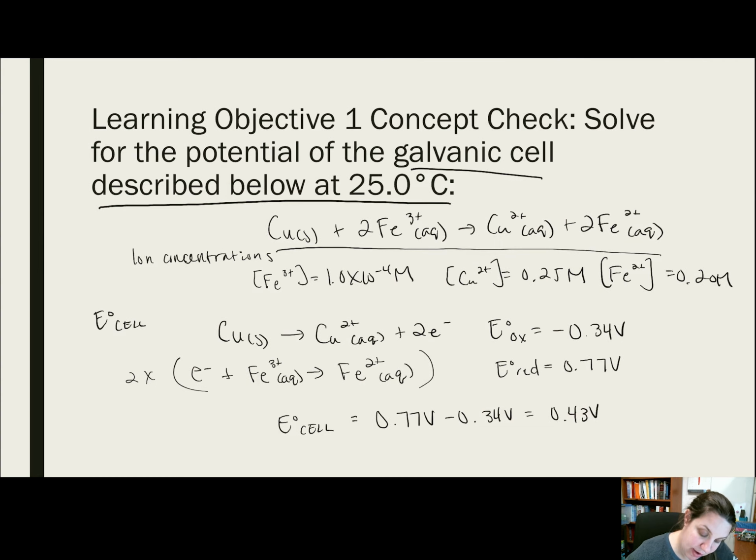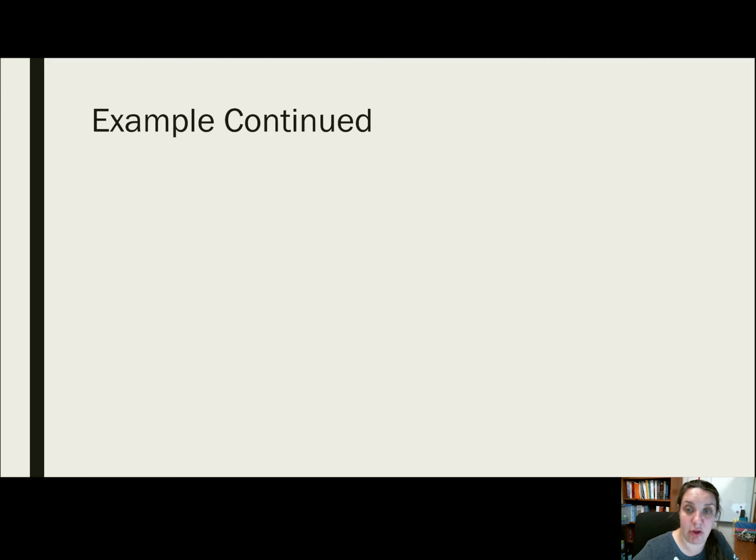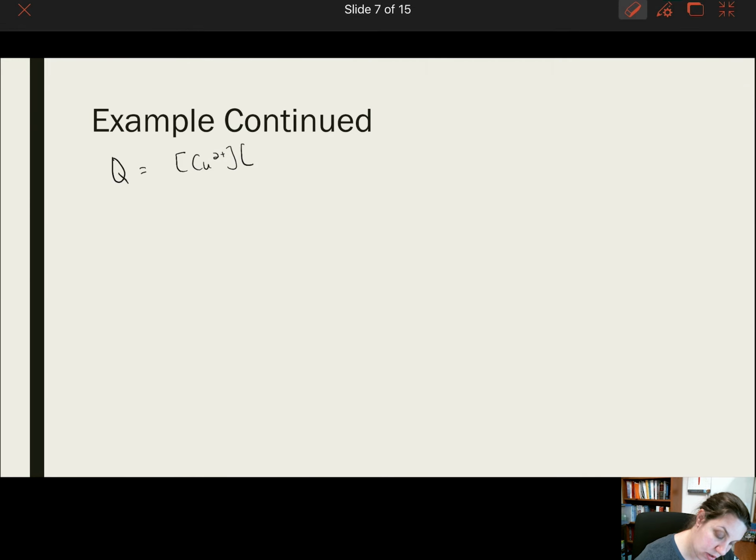Okay, so now that we have our E cell, we can further go into this problem by solving for our Q. So our Q here, from our balanced equation, we have our copper 2 plus ions, iron 2 plus squared divided by iron 3 plus squared.